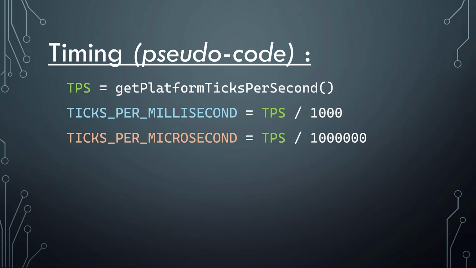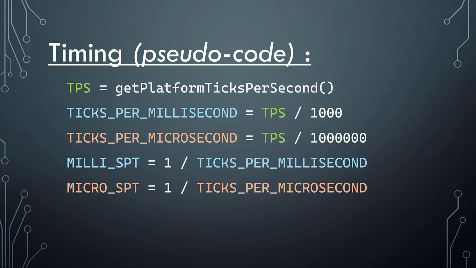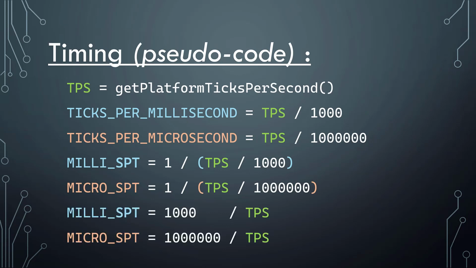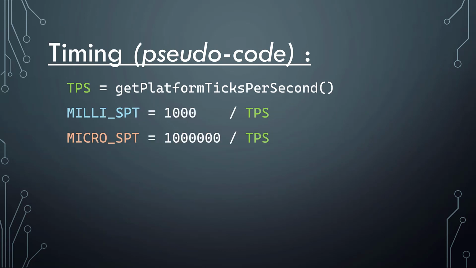And the same thing, if we divide it by 1,000,000, that number is how many ticks there are in a microsecond. To get how many milliseconds there are in a single tick, we take the reciprocal of each of those. If we substitute that and simplify, we just flip the order, and this is our formula.